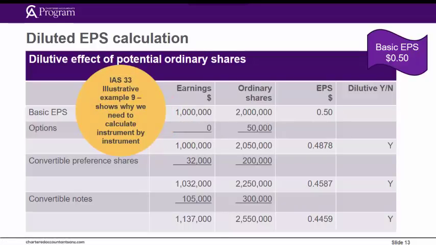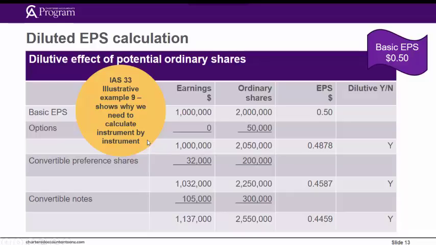Now, you might think, why couldn't you just pick up the summary values from the bottom of the table and get that answer? Well, in this case, you could. But an example to look at is illustrative example 9, if you want to see why we do need to do this calculation instrument by instrument.